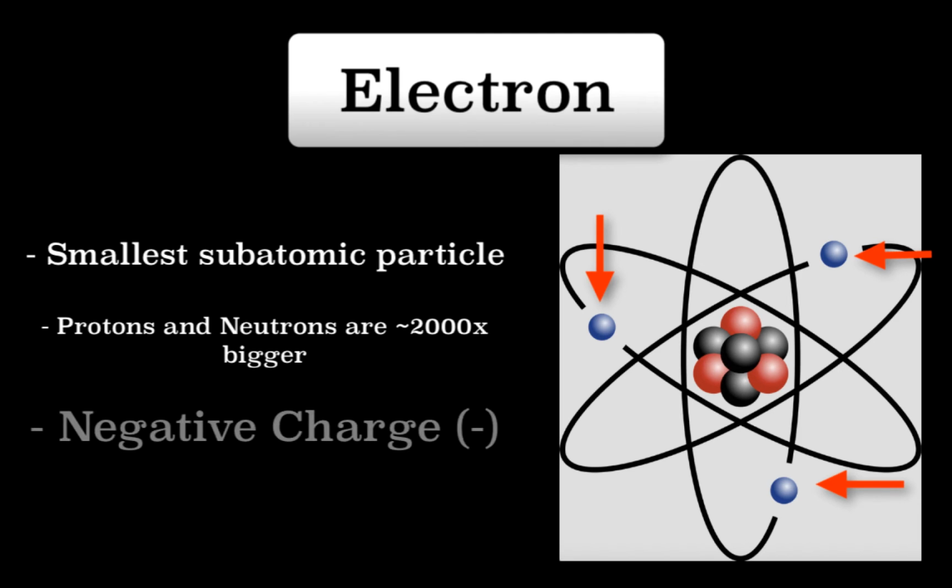We designate the electron as having a negative charge, meaning it's the opposite of a proton. The size, location, and charge of the electron are very important. Those characteristics determine how the electron interacts with its surrounding atoms. How does it interact with other atoms? Well, that's what we're going to talk about next time. But let's go ahead and review what we've talked about so far.